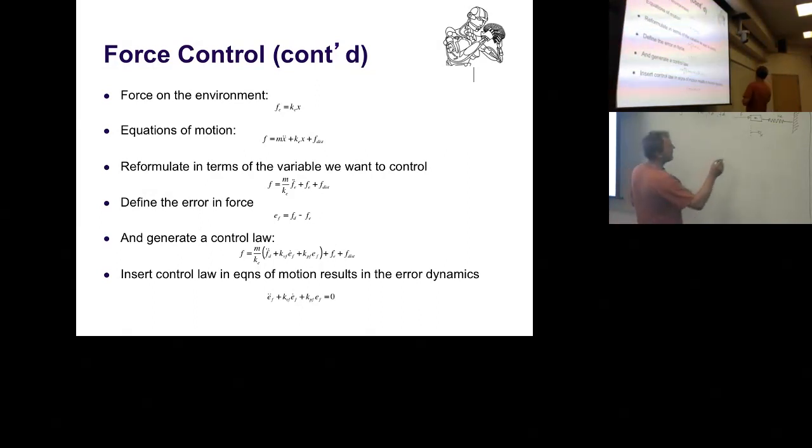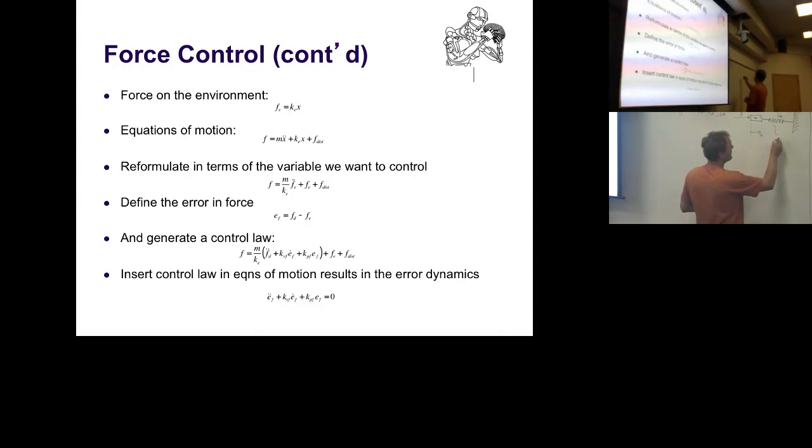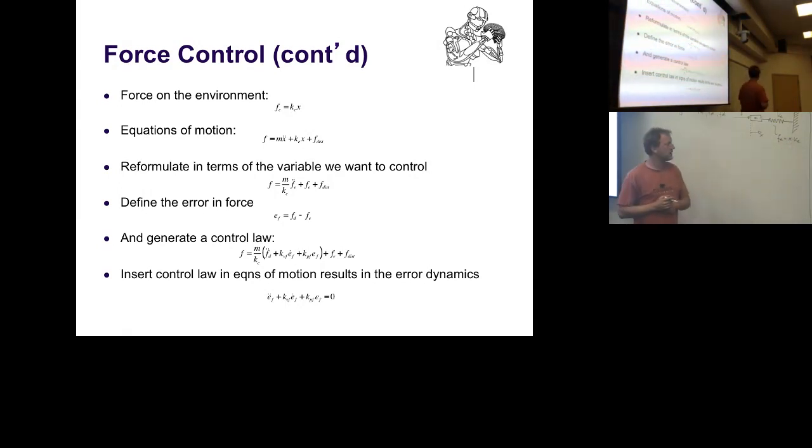Fine. So this environmental force, obviously, F environment equals x times Ke. So that's straightforward. And again, I don't write delta x because I measure x just from the response, but otherwise it would be delta x all the time.